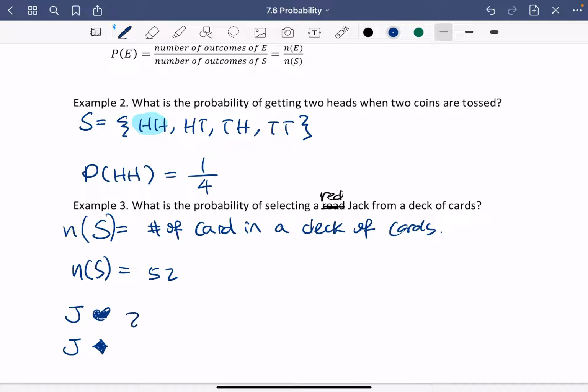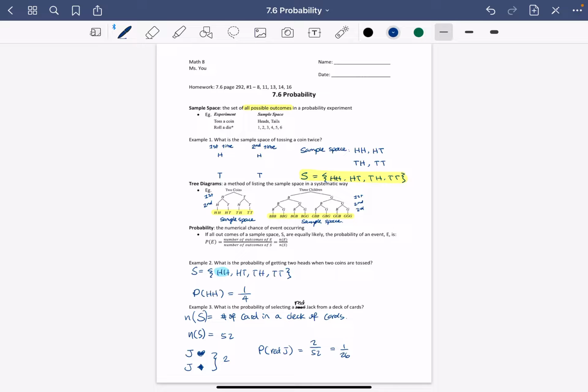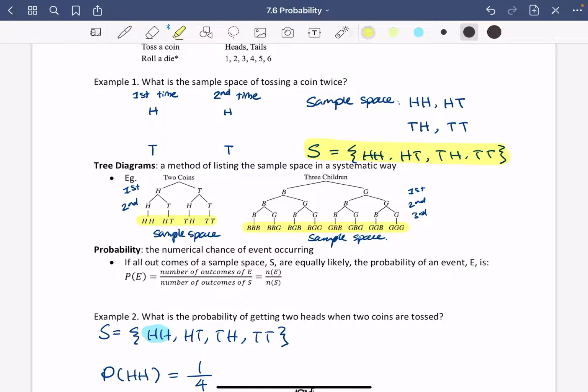So the probability of drawing a red jack will be 2 out of 52, because 2 is the number of red jacks in the deck, and 52 is the total number of cards you have. If you simplify it, it's 1 over 26. Okay, so this formula here is the formula you use to calculate the probability.